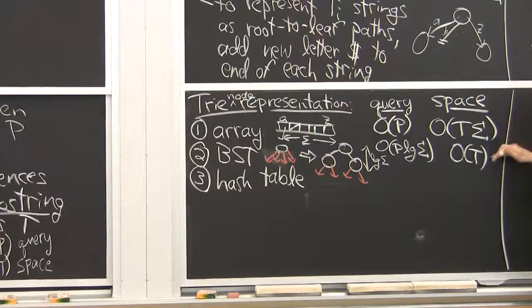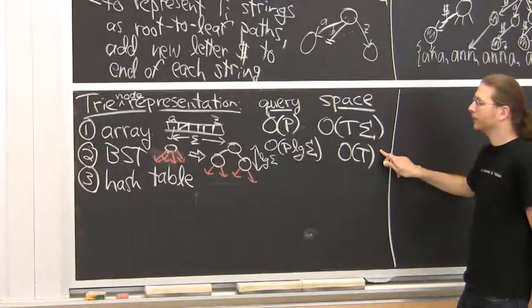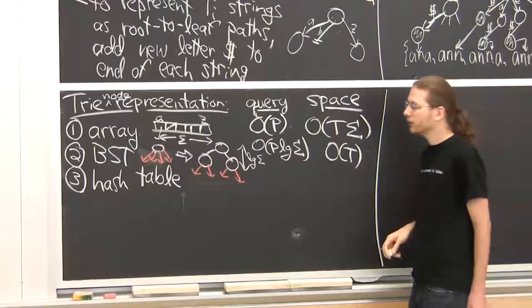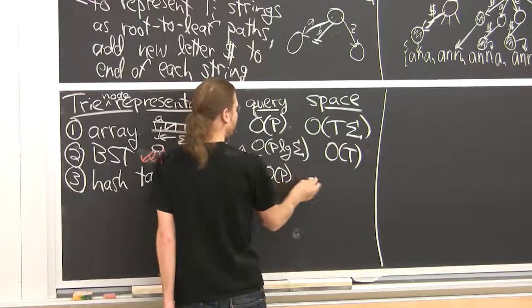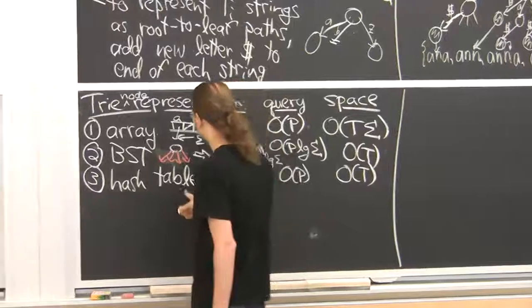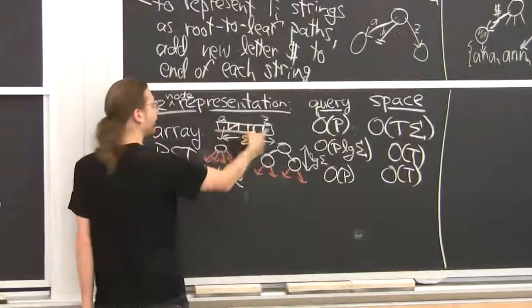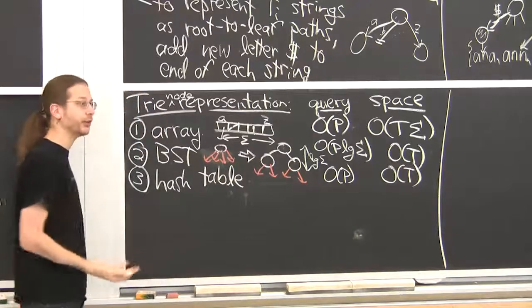So ideally, we'd like the best of both of these: optimal query time, optimal space, linear space. And hash tables achieve that. They give you order P query, and order T space. Again, the issue is some of these cells are absent, so don't use an array. That's like a direct mapped hash table. Use hashing.